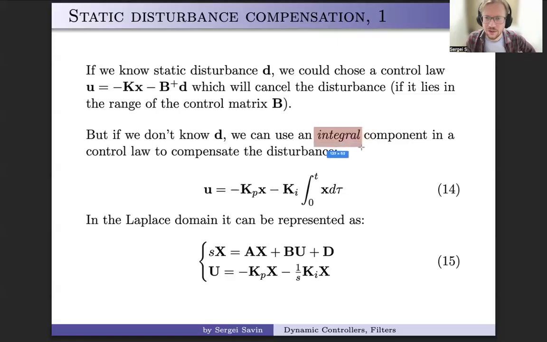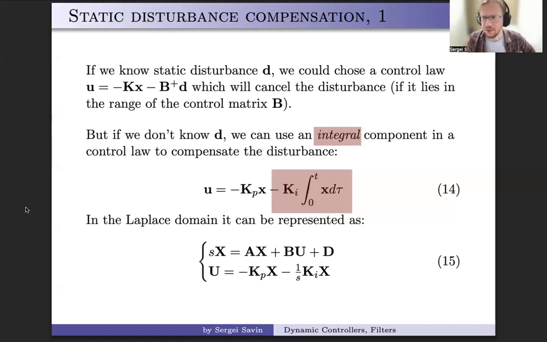Now we can use integral component in the control law to compensate. So integral component would look like this: minus Ki integral from 0 to t of x d tau. So you can see now I keep it in the state space, why not? We could do all of this in second order ODE systems, but somehow this is, I think, interesting as well.